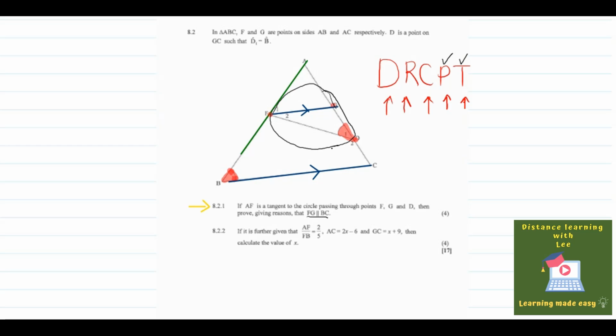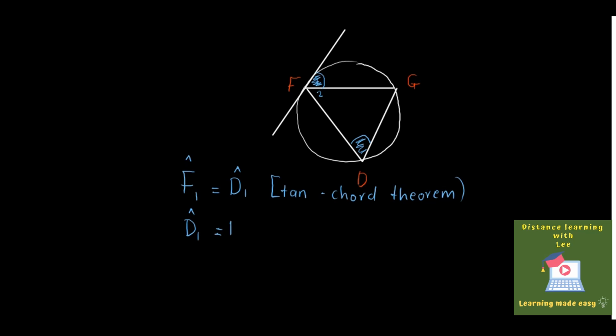So I'm going to color that in. F1 is also equal to D1. And we also were given that our D1 is equal to B. So we're going to write that down, and this is given.